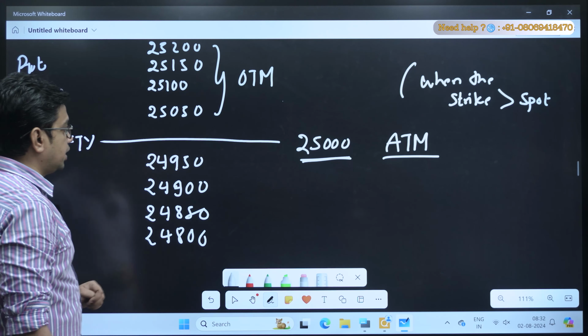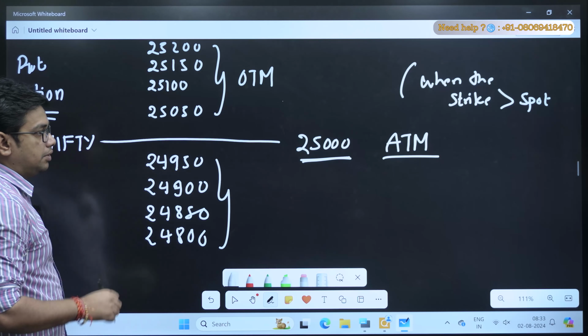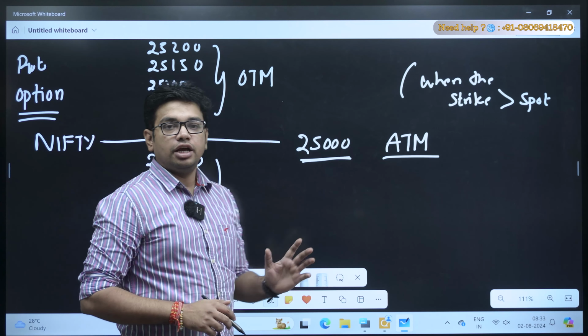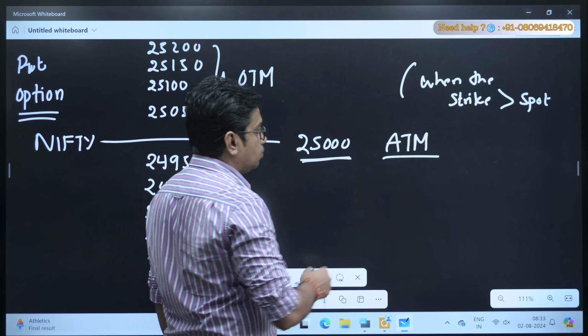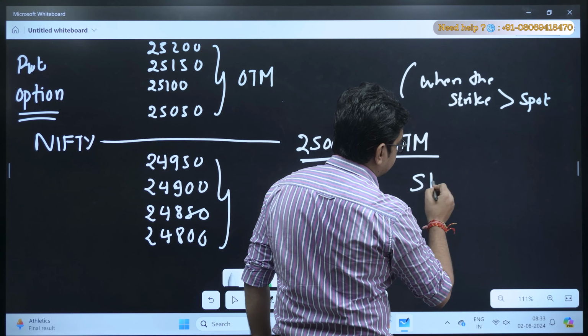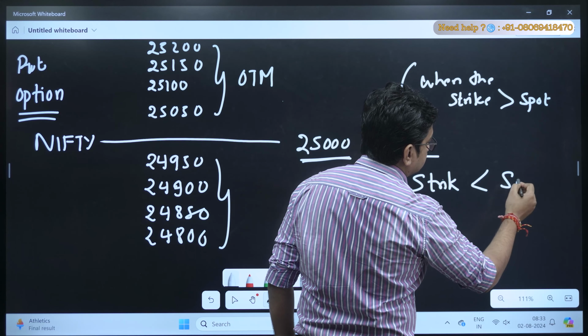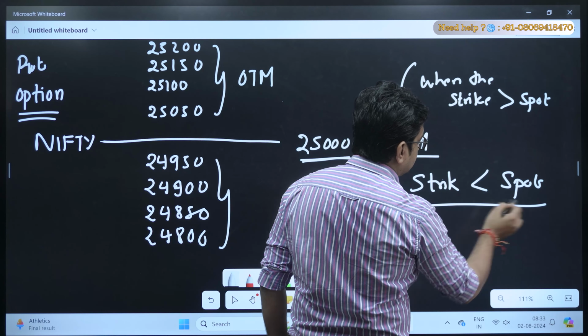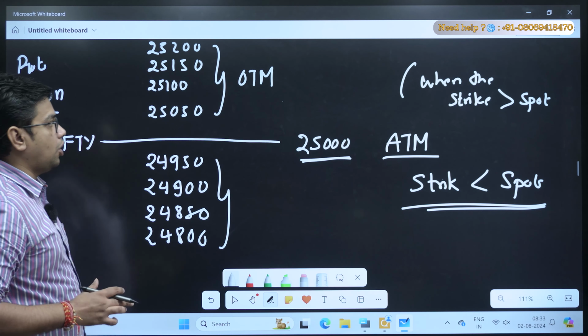Now, we will go to another strike. The strike which is below the ATM level, below the spot price, will be known as an ITM option. So, whenever the strike is lower than spot, it will be considered as ITM, that means in the money options.